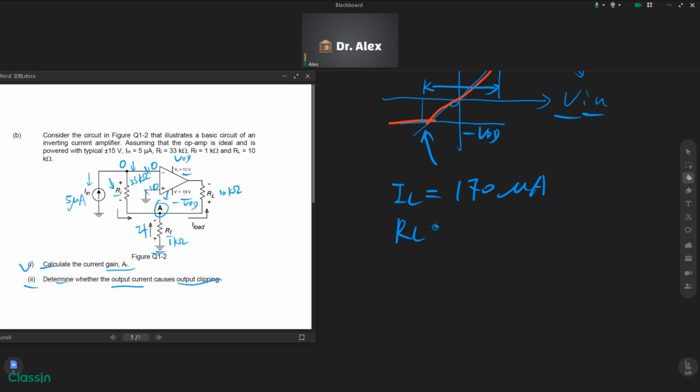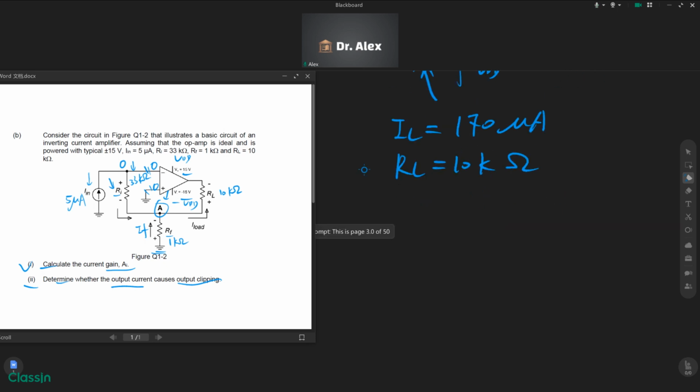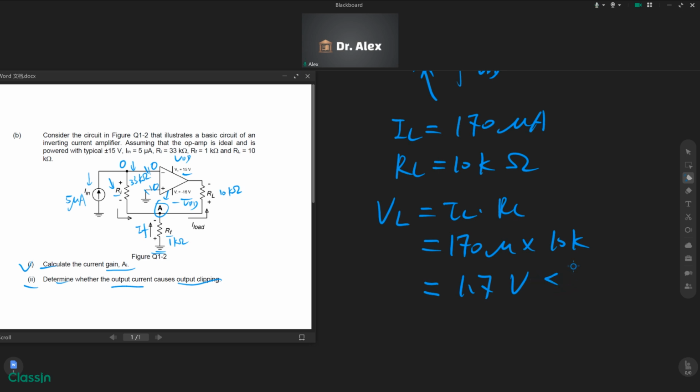The output current, as I just calculated above, is 170 microampere, and the value of the load resistor is 10 kilo ohm. So the voltage of the load is IL times RL, which is 170 microampere times 10K. The answer is 1.7 volts, which is much smaller than our threshold VDD, which is 15 volts.